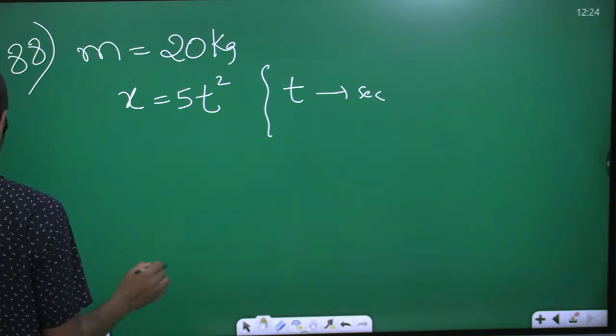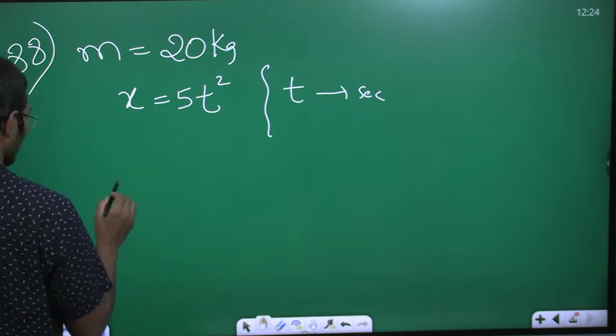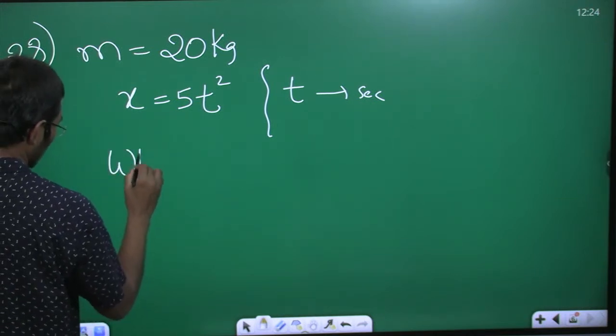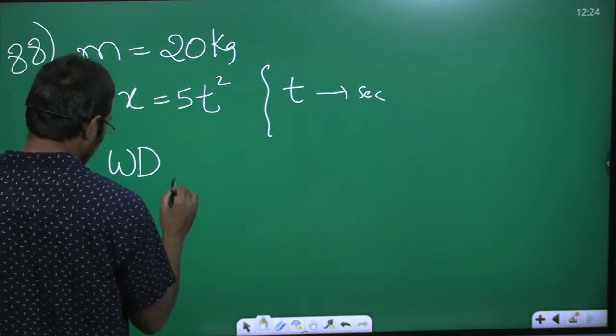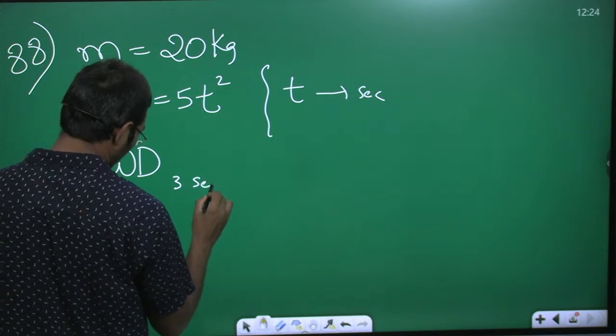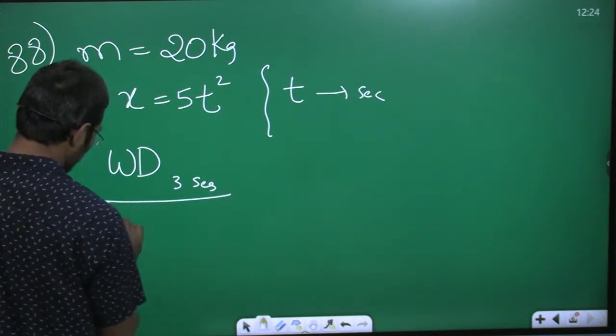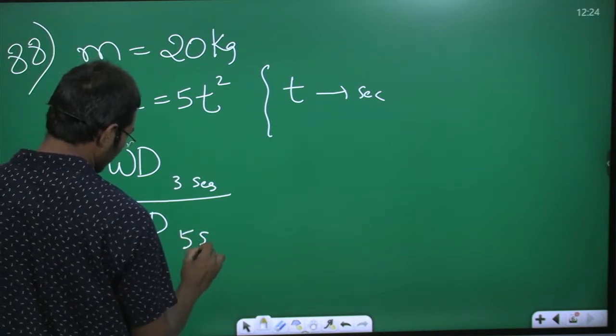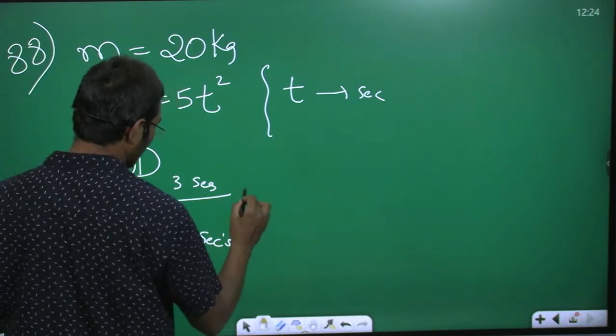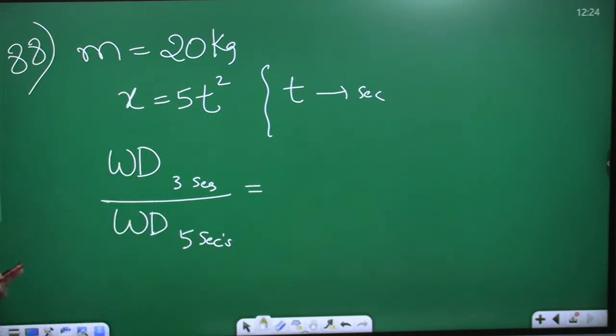So the question is, what is the ratio of work done in 3 seconds to work done in 5 seconds? So how do you find, using these two equations, the ratio? This is a bit tricky question, not a direct question.